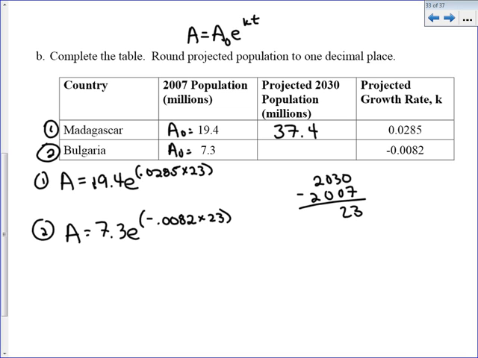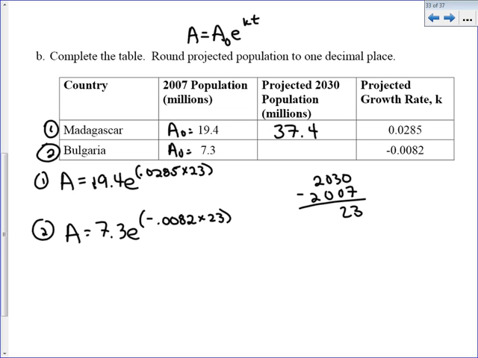So we have 7.3 e to the negative 0.0082 times 23. So we would expect this to be smaller than 7.3 million since their population is declining.